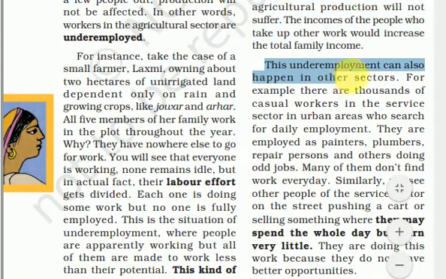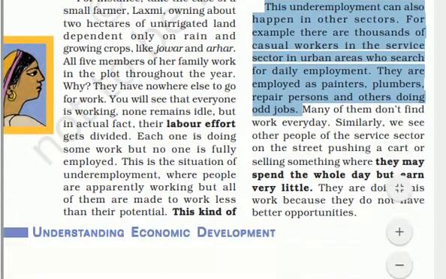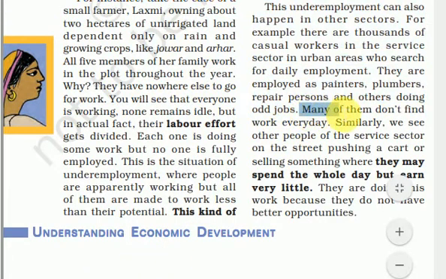This underemployment can also happen in other sectors. For example, there are thousands of casual workers in the service sector in urban areas who search for daily employment. They are employed as painters, plumbers, repair persons and doing other odd jobs. These people who are working in the cities are also not working continuously. Many of them do not find work every day.